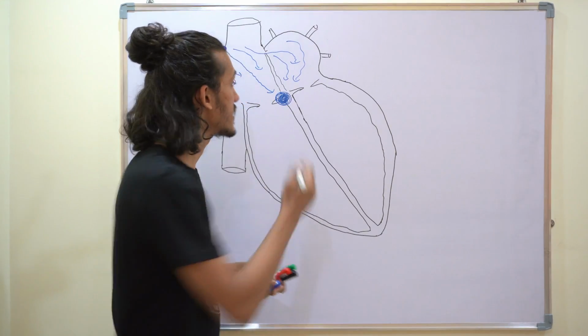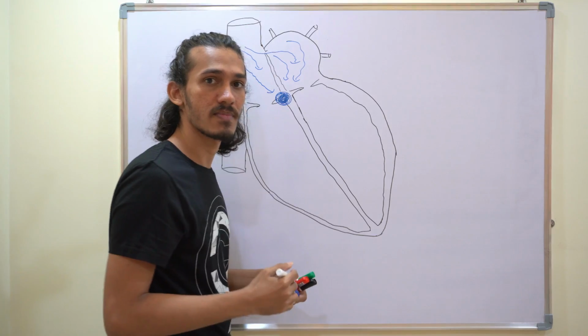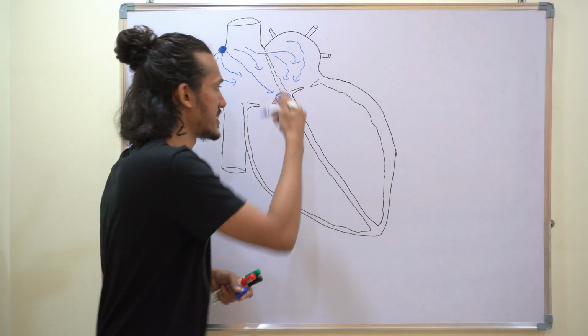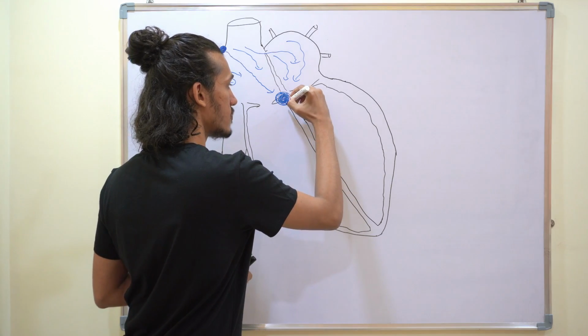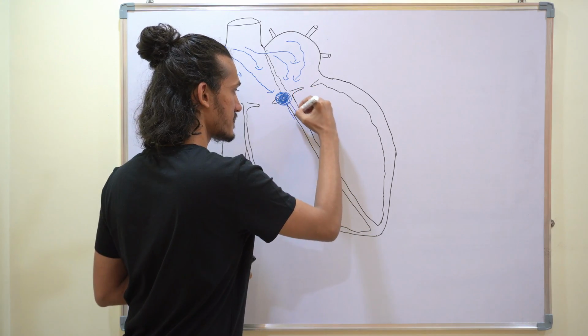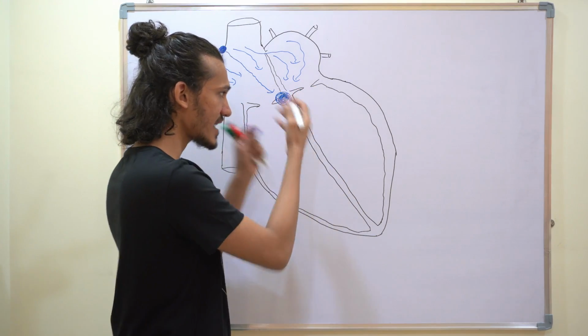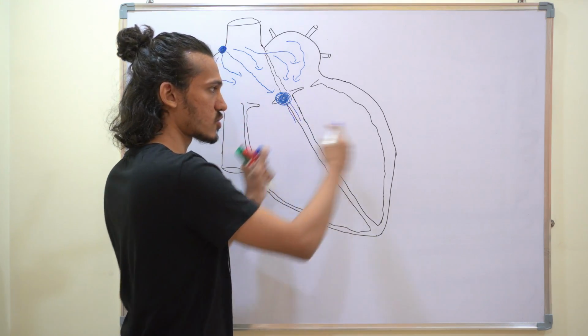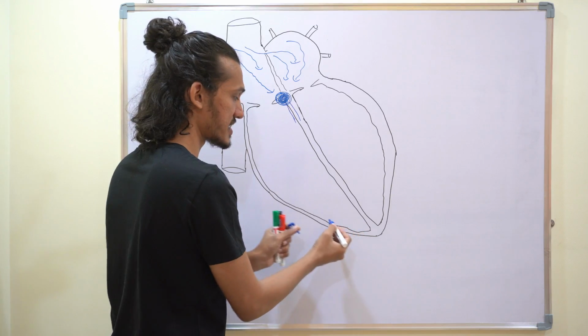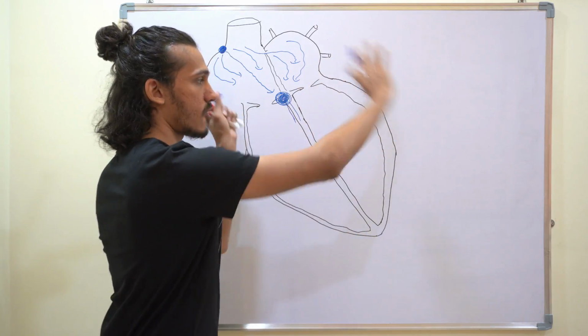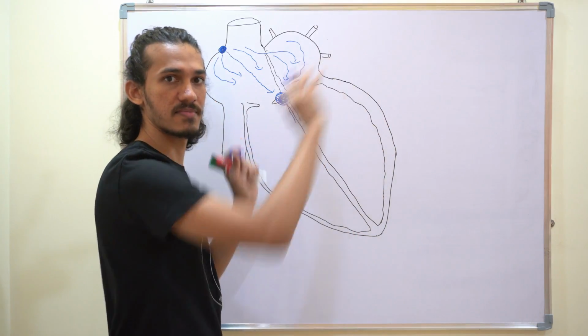After that, they are going to penetrate into the muscle, right? There are penetrating bundles which will go into the muscle, and from there they are going to form the bundle of His, right? After that, they are going to separate into two bundles, the left and the right bundle, and finally once they reach over here, they're going to form the Purkinje fibers. Right?